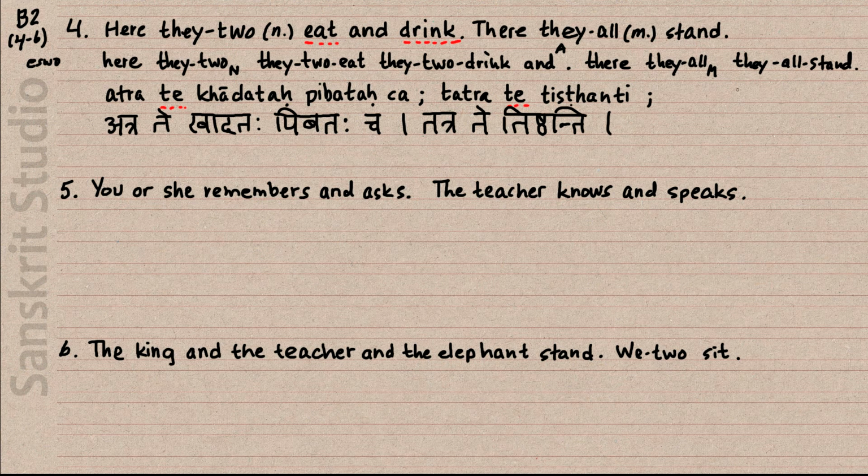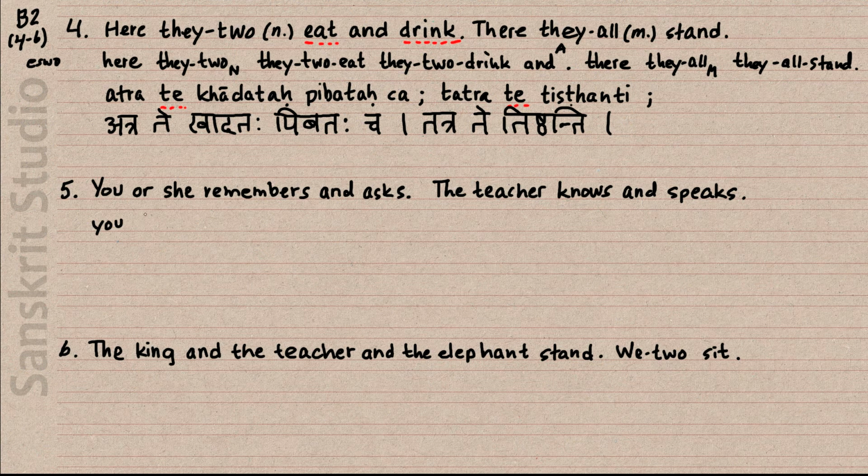End of sentence. Okay, so we have atra te khadataha pibataha cha tatra te tishtanti. Number 5.